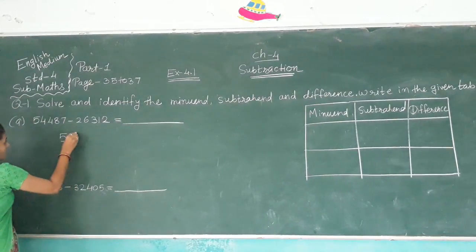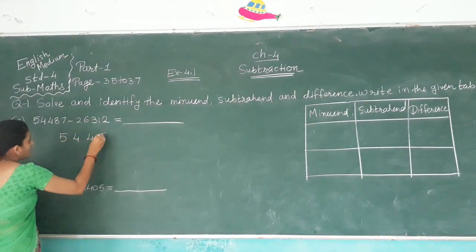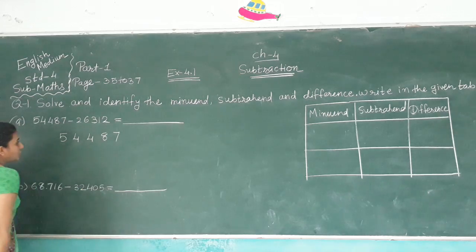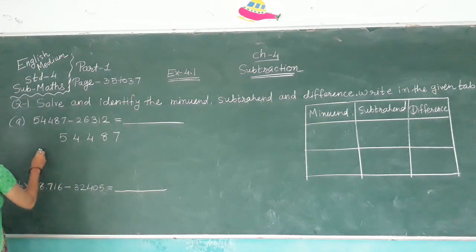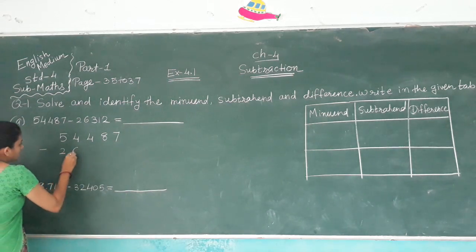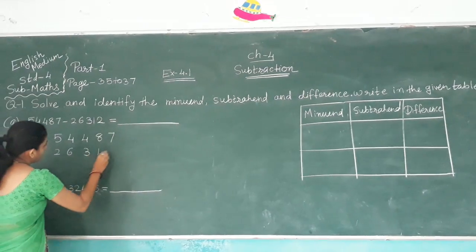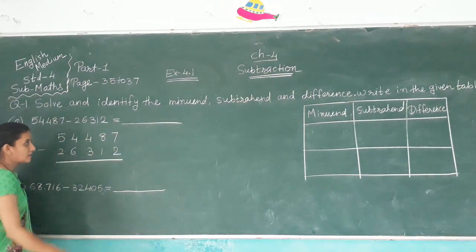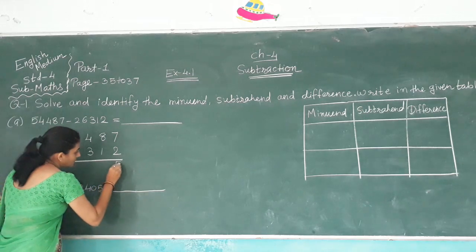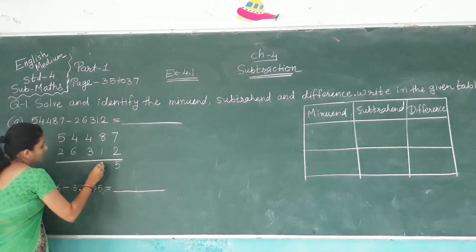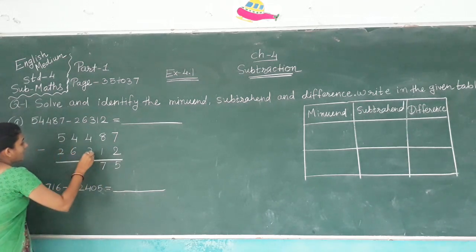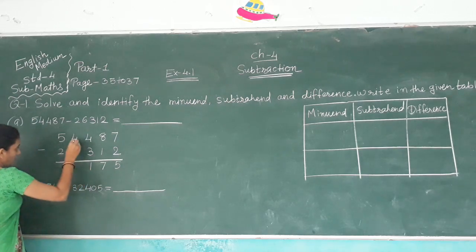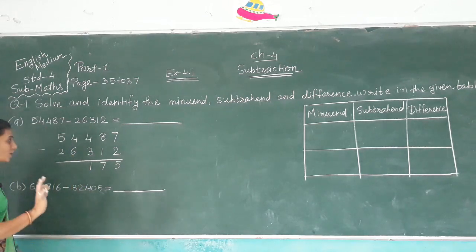Now first we subtract both numbers. 54,487 minus 26,312. Okay, 7 minus 2, we get answer 5. 8 minus 1, 7. 4 minus 3, 1. And 4 minus 6 is not possible.